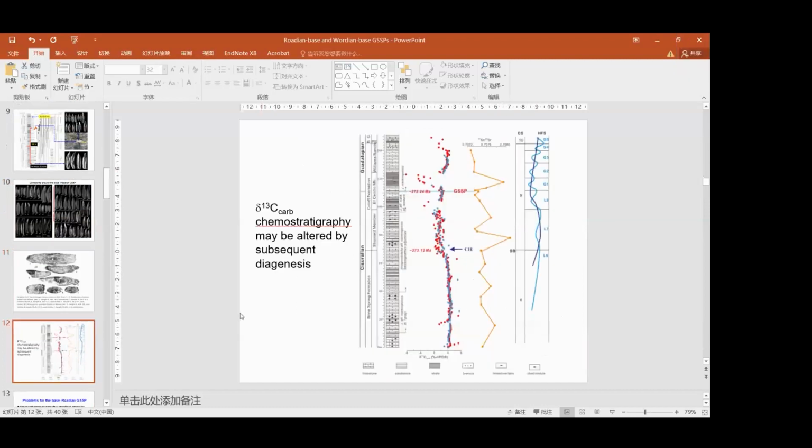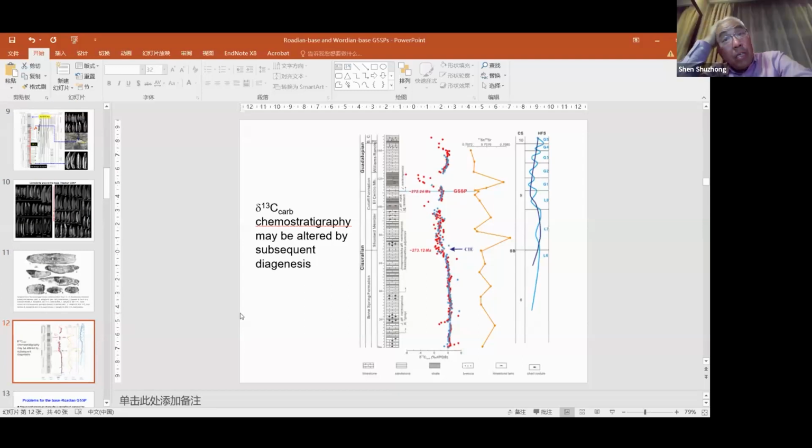We also analyzed very high resolution geochemical data for the carbon isotope, and we find there's about a 2 per mil negative shift here, and at the GSSP level, Bruce's GSSP level, above that there is a very distinct negative shift.